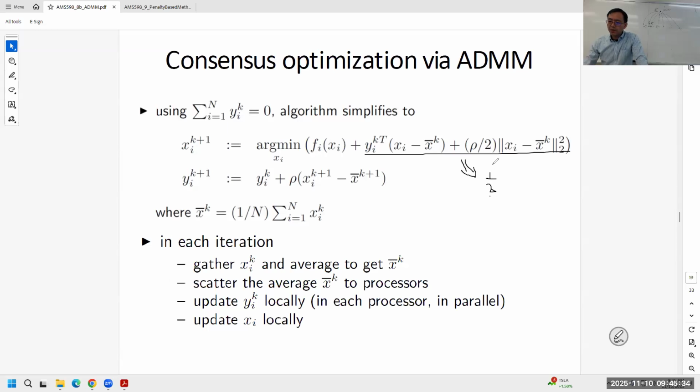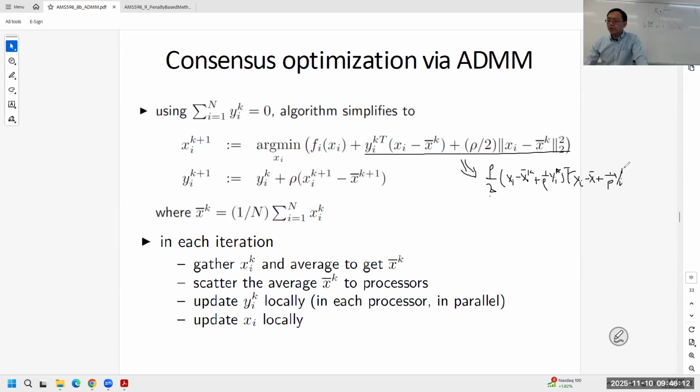This can be written as something like this: rho over 2 times the norm of xi minus x bar k, plus 1 over rho times yi. Each one of them, notice, is a vector. This can be written as a transpose of xi minus x bar plus 1 over rho of yik, okay?